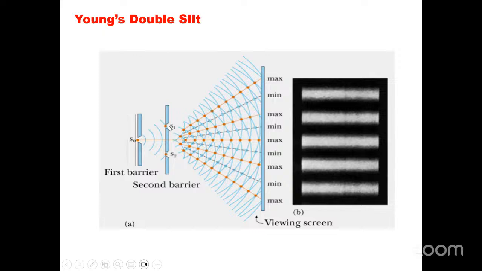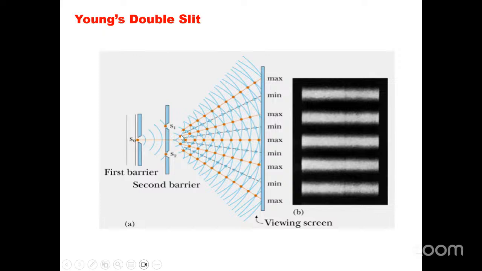S1 is also generating secondary wavelets and S2 is also. So these two waves are superimposed. The crest of the first wave and the crest of the second wave, or the trough of the first wave and the trough of the second wave, you can interchange. Crest and crest, trough and trough superimposed, then here you can see a bright constructive interference. Here also.